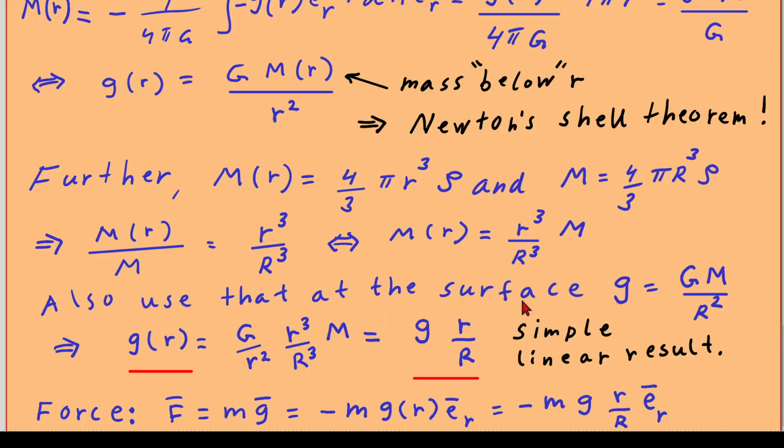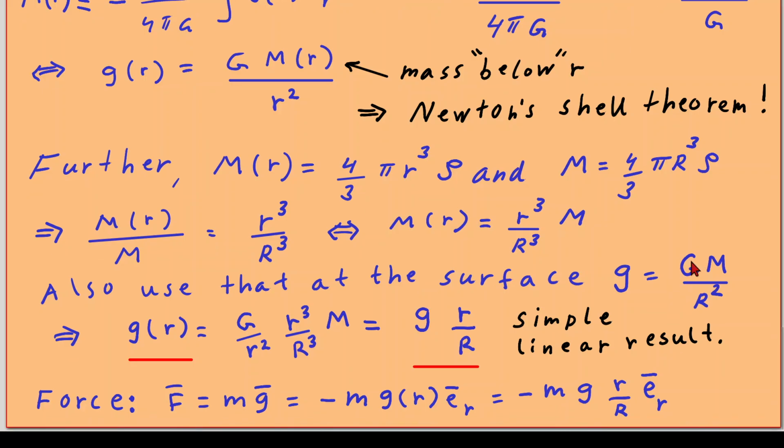Let's use that at the surface, where the gravitational field strength is 9.81 meters per second squared. That's GM over capital R squared. This formula is valid up to very close to R equal capital R. Then let's see what we get.